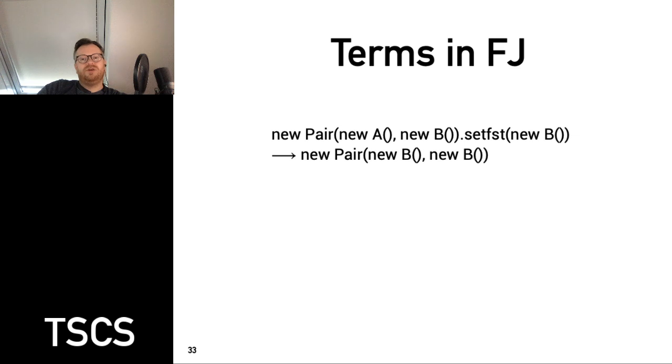So what are terms in Featherweight Java? This is a term with the pair definition that we just had: new Pair(new A, new B).setfst(new B) gives you a new pair. So you have this new operator all the time. New is not constructing something in the sense that you would construct a reference to something.